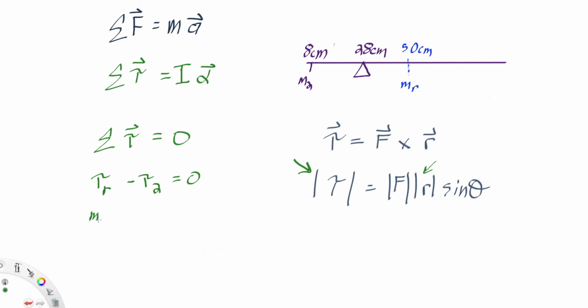So mr times g times this distance here, which is 22 centimeters? So there we go. So we can deal with it in exactly the same way.